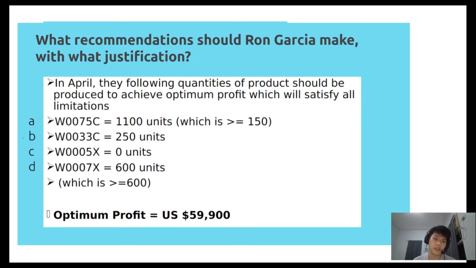For product A, that's 1,100 units, which is more than 150. For product B, that's 250 units. Product C, 0 units, and for product D, 600 units. The optimum profit is $59,900 US.